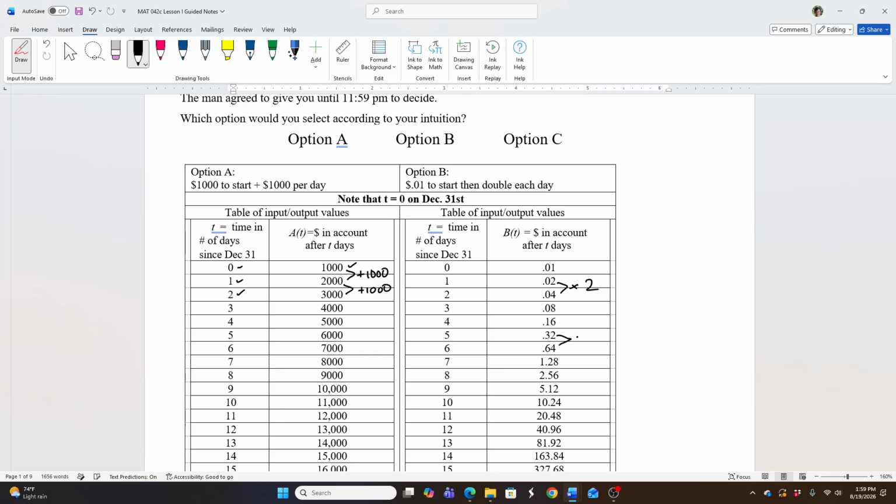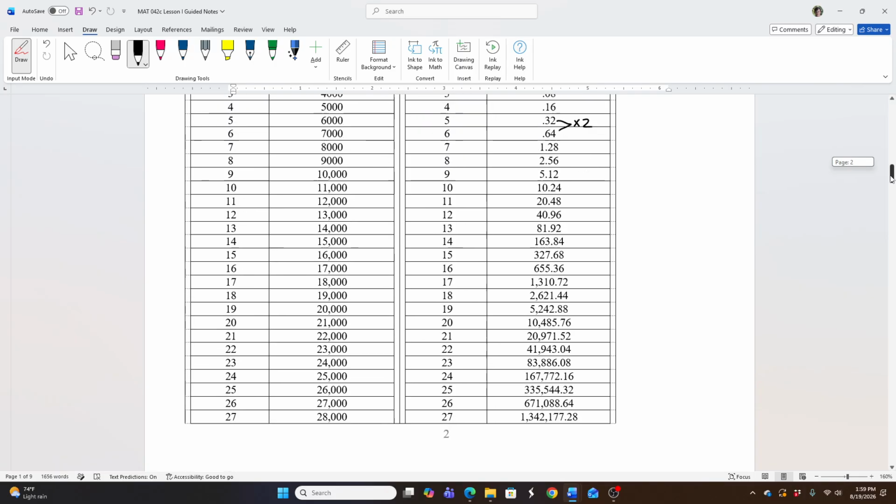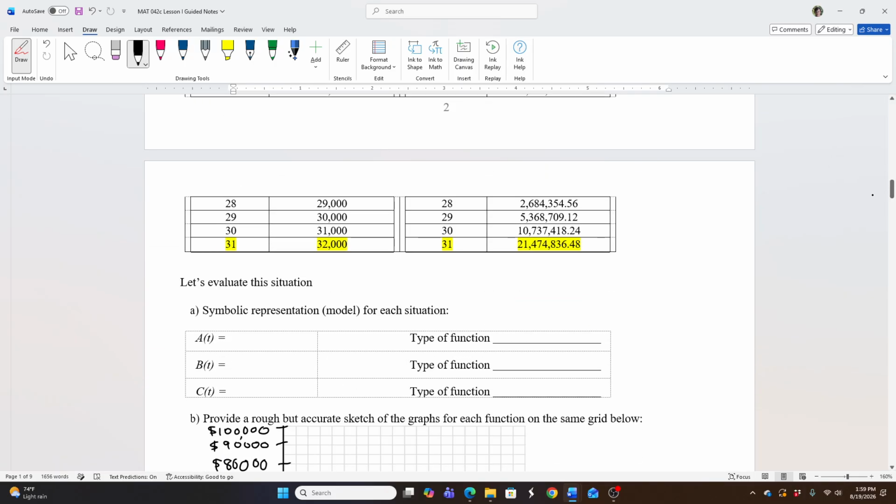And then to get to the 6th day, you would multiply that by 2. So that's what our option tells us. Now, if we take this all the way out to the 31st day, you can look at them individually and see that each day this one is doubling and this one has been added by 1,000.